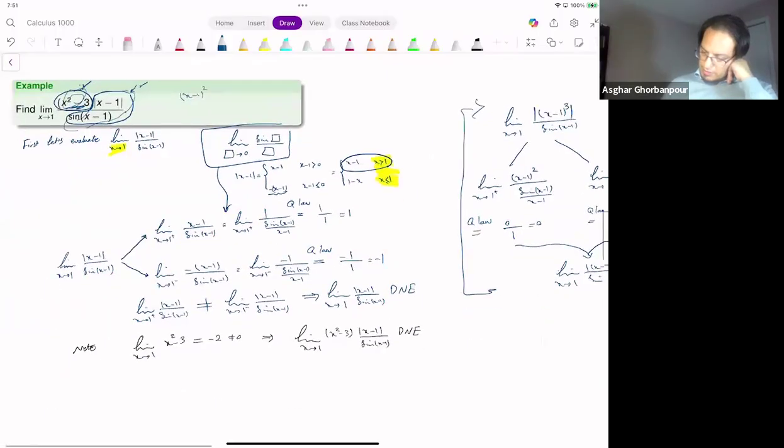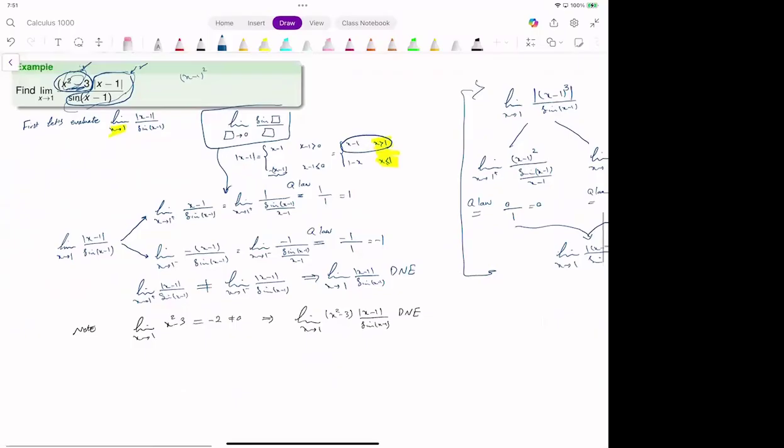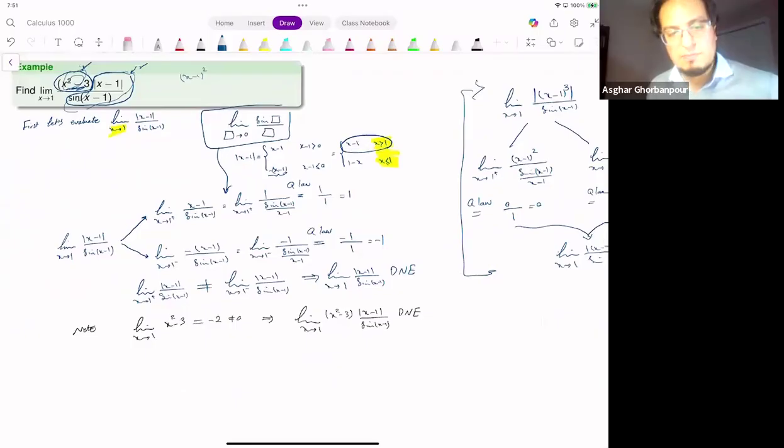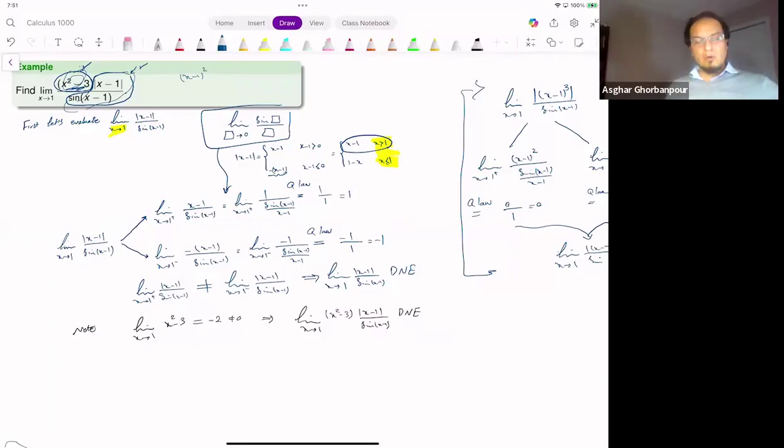Any other questions? Could you just explain how come we want the x squared minus 3 to equal 0? What do we get out of that if it equals 0? No, that was a question that your classmate asked.